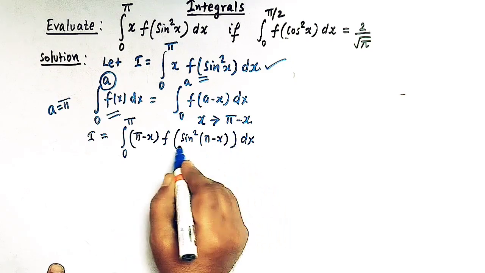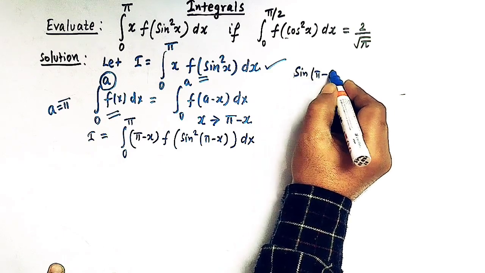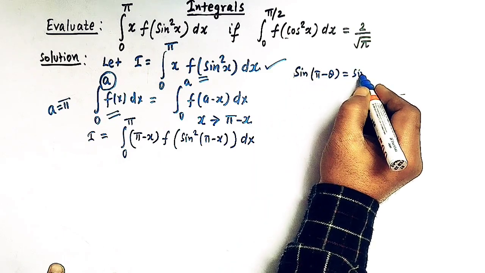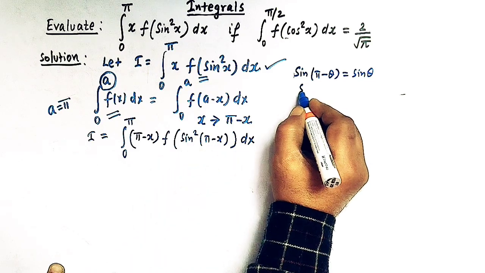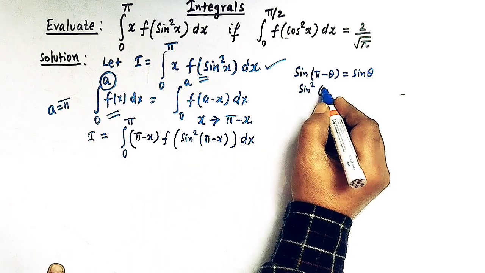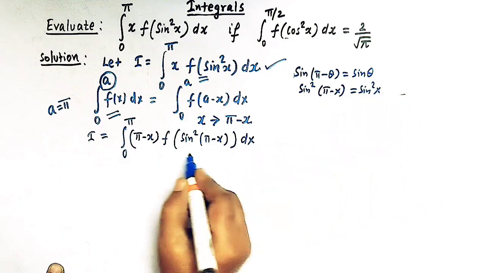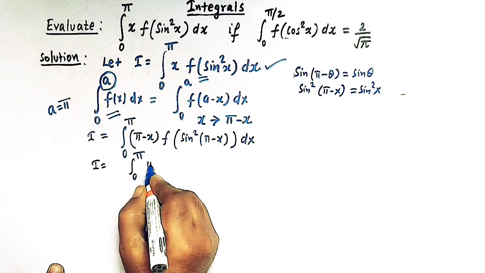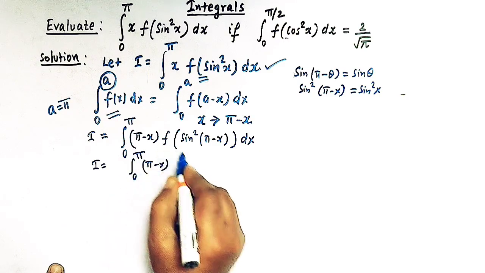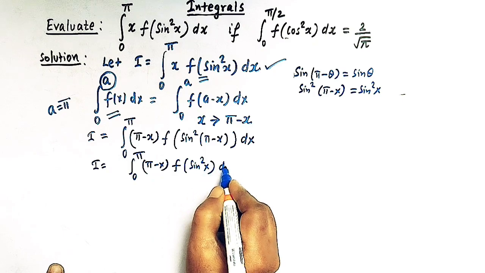So now from trigonometry we know that sine pi minus theta is equal to sine theta. So sine square pi minus x is equal to sine square x. So now we have I equal to 0 to pi, pi minus x, and here we have f of sine square x and dx.